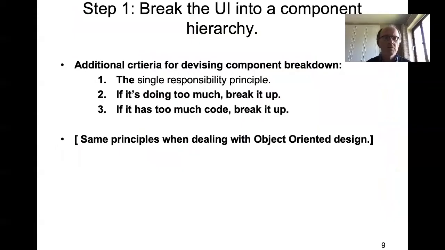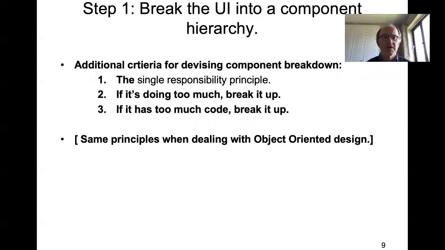As well, once you've done that, you may still decide that some of the components in your hierarchy may need to be further broken down, and that's fine. So maybe there's a component that, when you start to code it, you'll find there's just too much going on. It has physically got too much code associated with it. And you may decide to break that component up into some subcomponents, that's fine.